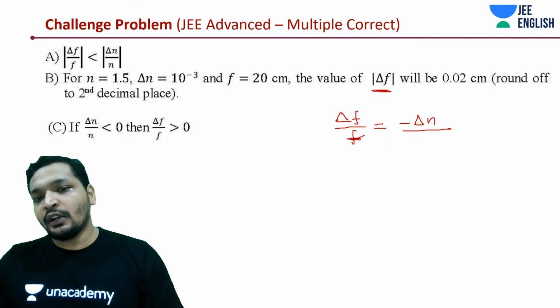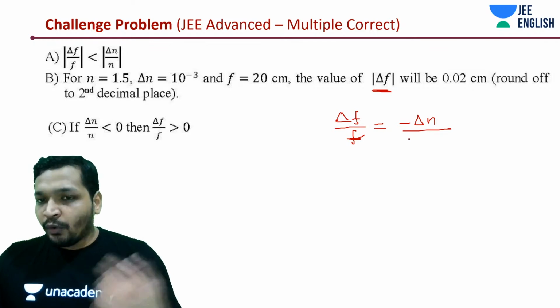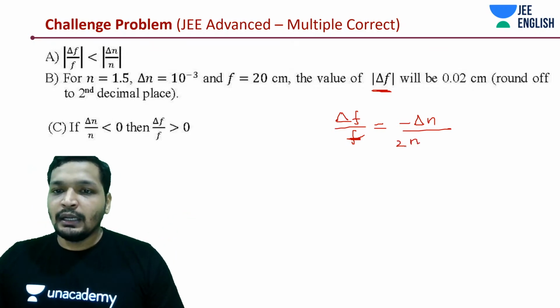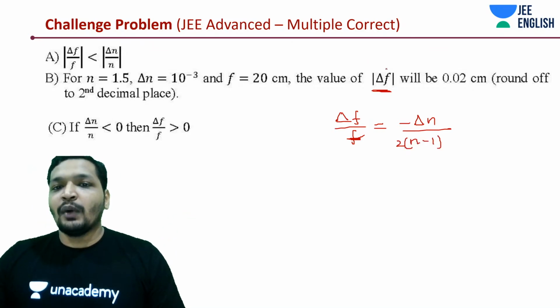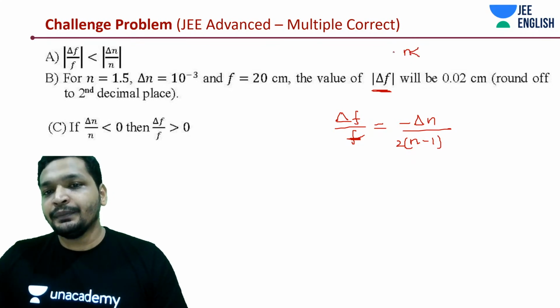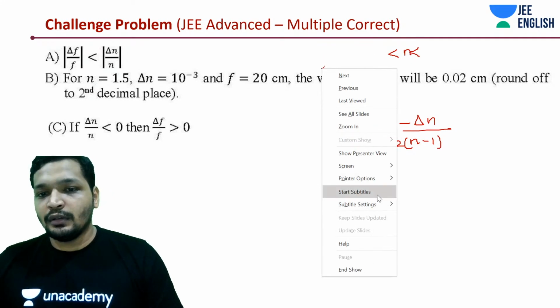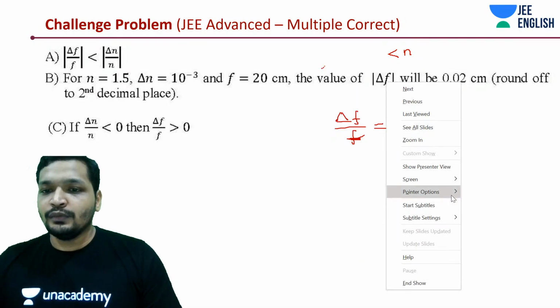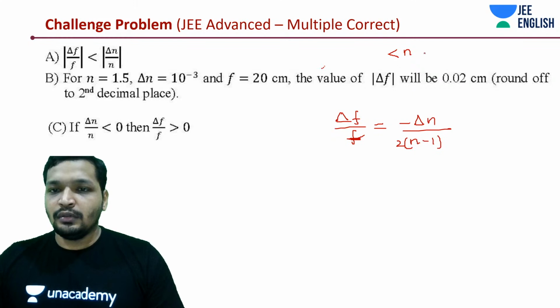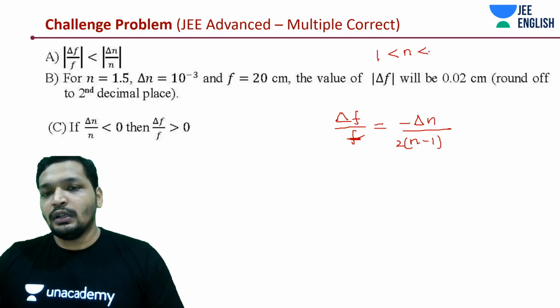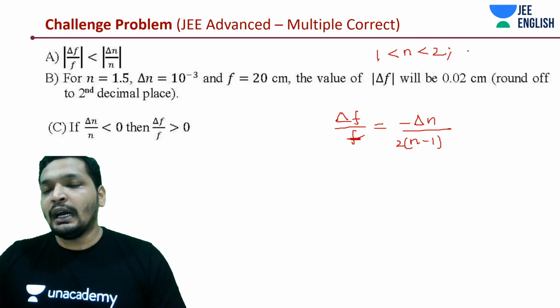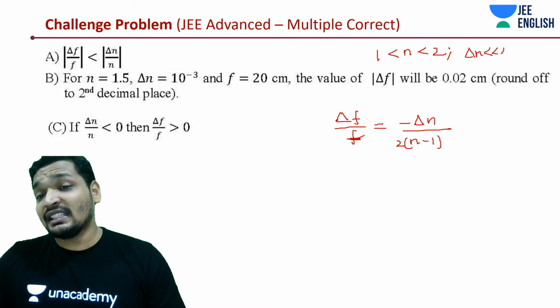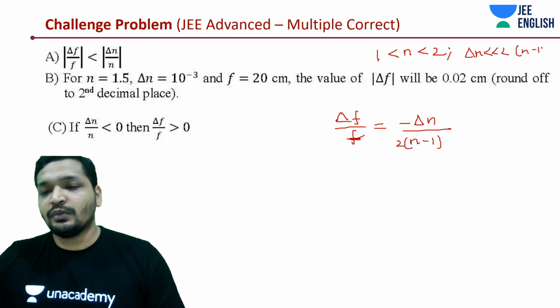Let me write it down over here. n lies between 1 and 2, and delta n is very small compared to n minus 1.